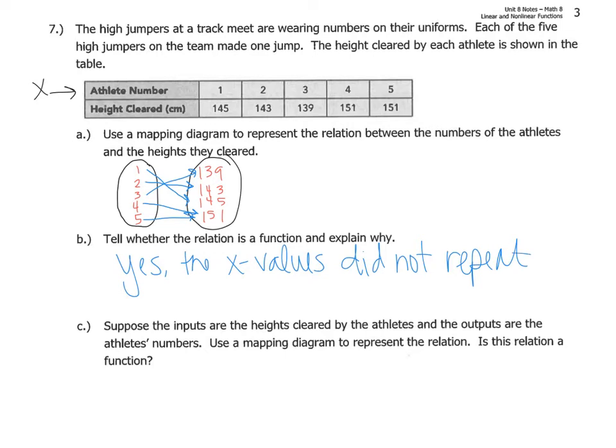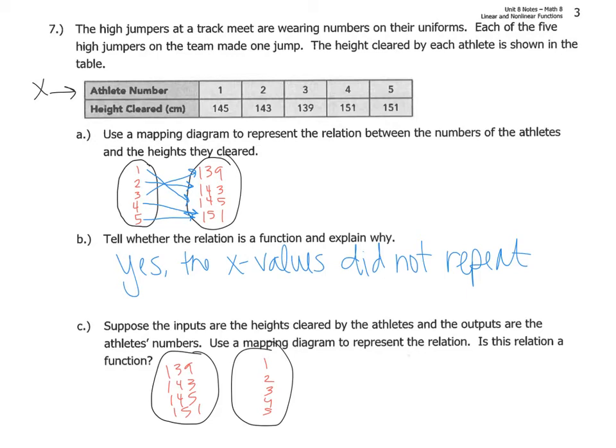Now suppose the inputs are the heights cleared by the athletes and the outputs are the athlete numbers. So we're doing the opposite. So 139, 143, 145, 151, and 1, 2, 3, 4, 5. I'm making a map, but we're doing the x as the opposite one.